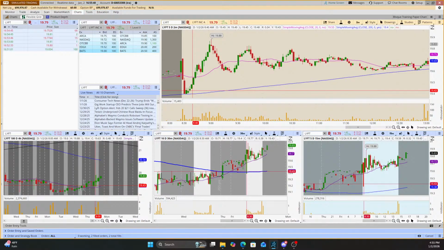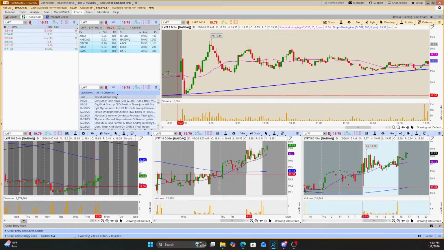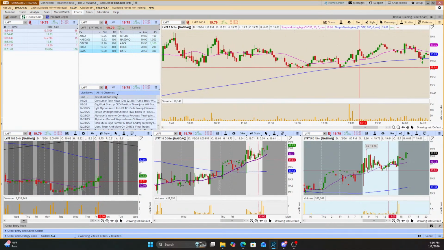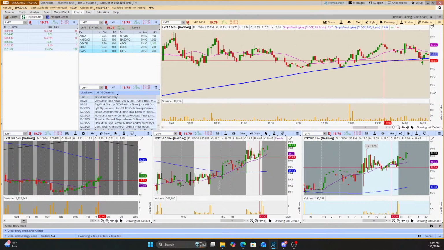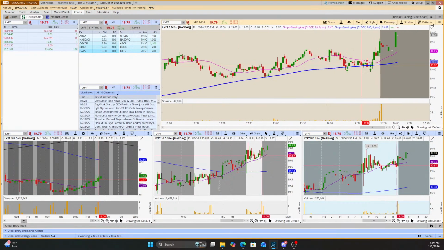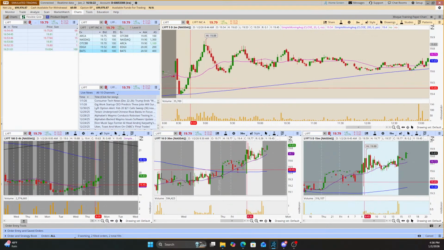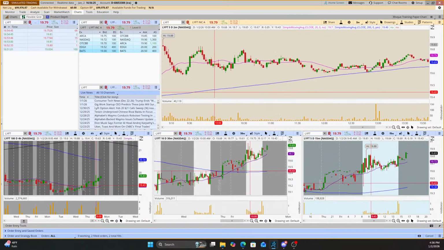This is a good place since it's bouncing on the 200. It looked like the 200 was the support. Everything bounced off the 200, so it looked like that was the support for today.